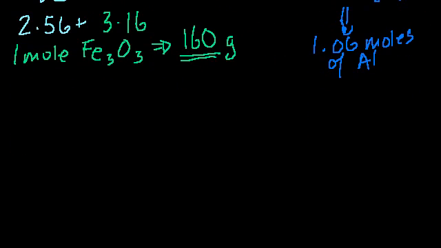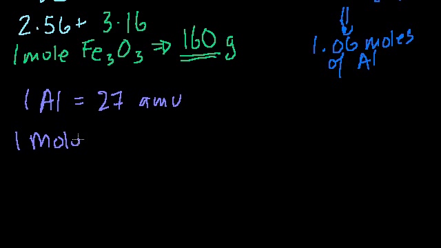So one aluminium is 27 atomic mass units. So 1 mole of aluminium is going to be 27 grams, or 6.02 times 10 to the 23 aluminium atoms is going to be 27 grams.